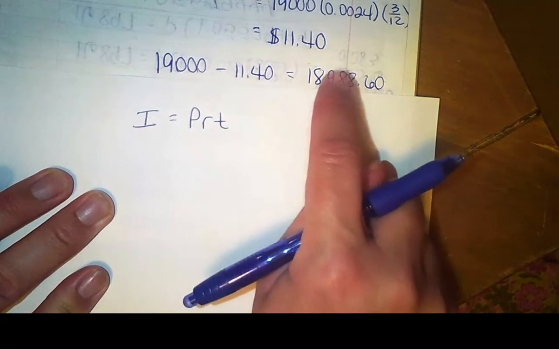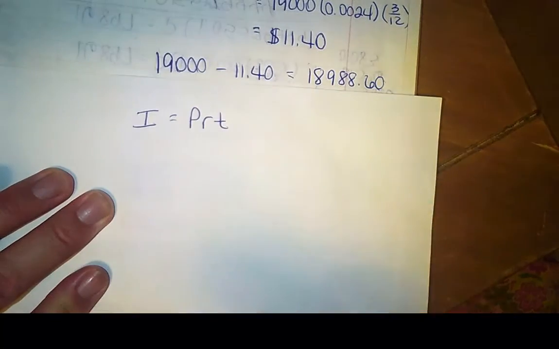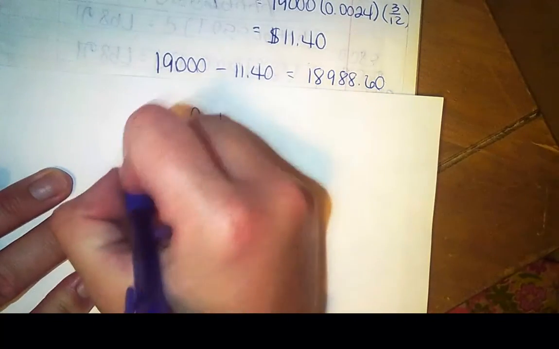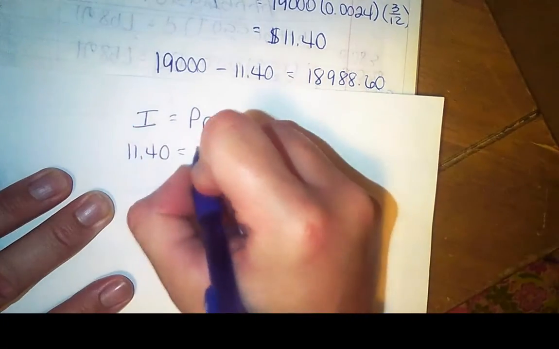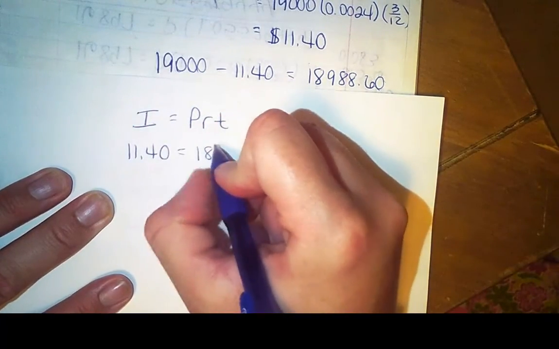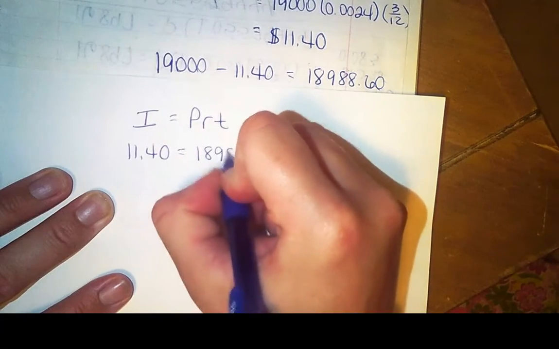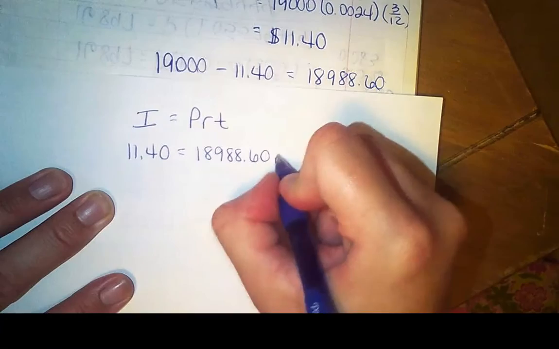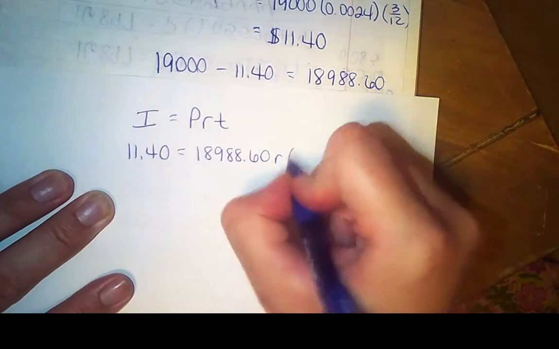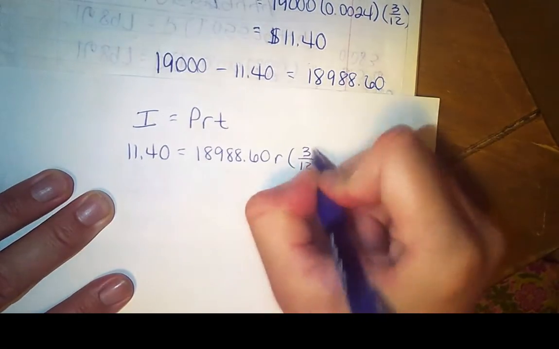Your principal is this. That's where we're kind of working backwards. So how much was my interest? My interest was $11.40. My actual principal was $18,988.60.